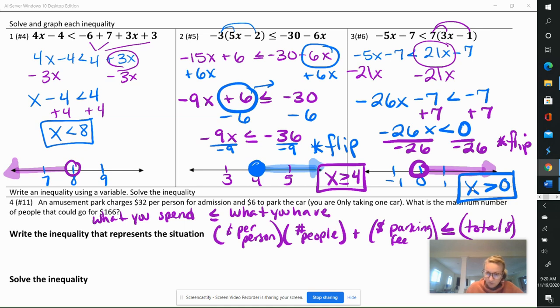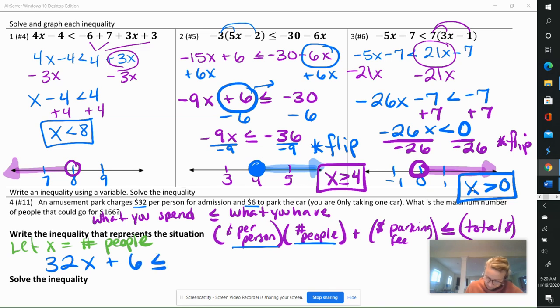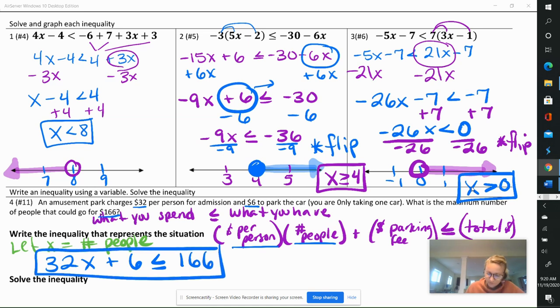The piece we don't know is the number of people, so we're going to let x equal the number of people. Then fill in the rest of what we know. The cost per person is $32. Number of people, that's x. $6 to park the car. And our total amount we can spend is $166. So there's our inequality that represents the situation.